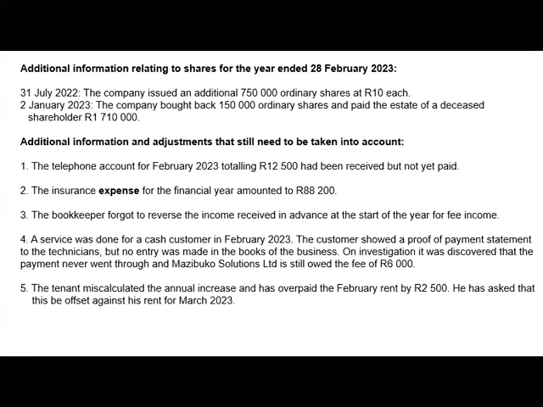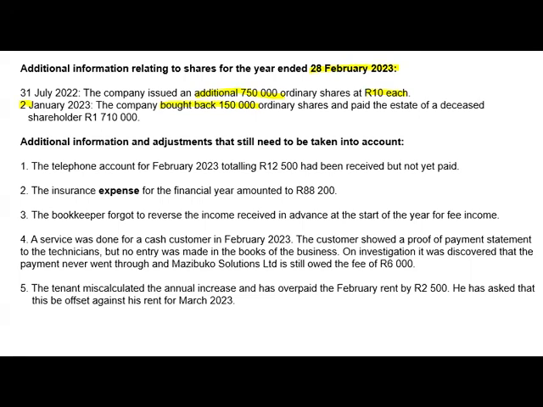It talks about shares, and this is for the year ended 28th of February 2023. The company issued additional shares of 750 at 10 Rand, right? And on the 2nd of January, the company bought back 150,000 shares and paid the estate of the deceased 1,710,000.